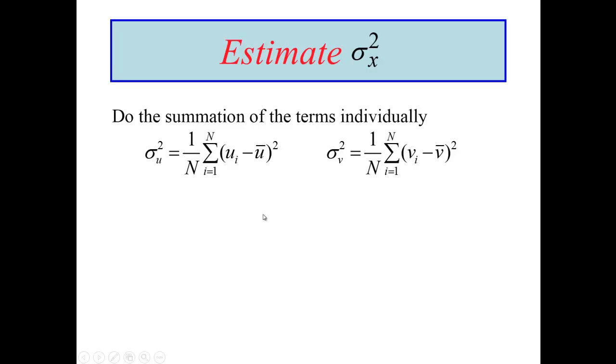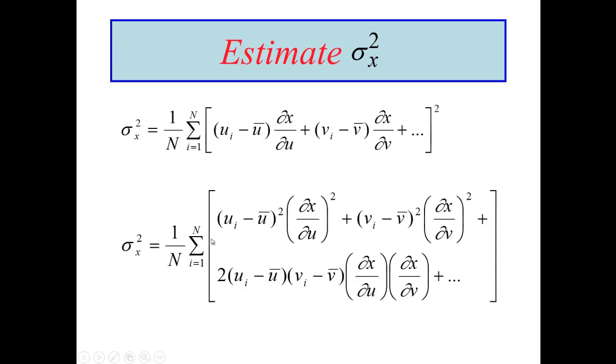And I'll just flip back for 1 second. Note that that's what the first term contains along with this partial derivative. And the partial derivative does not depend on the individual measurement, right? That is obtained from the expression for x as it depends on u. So that term is not something that is actually inside the summation. It can be taken outside the summation. And the same thing is true with the second term for v.